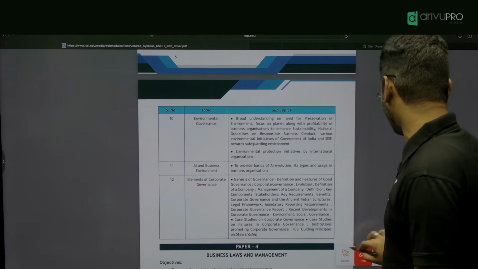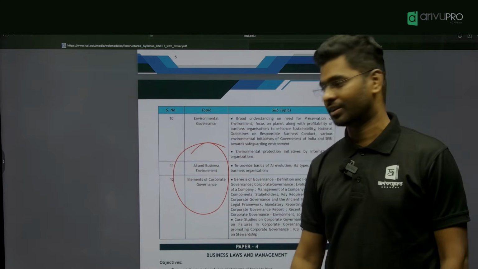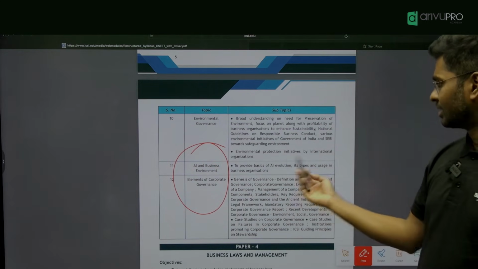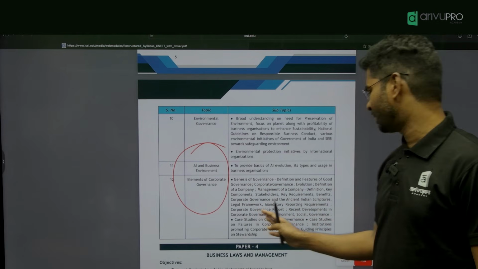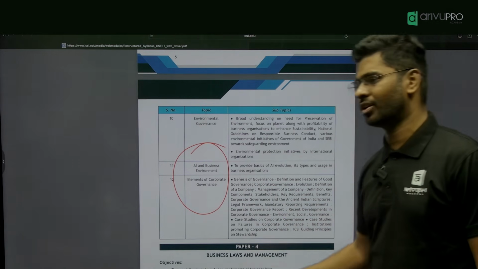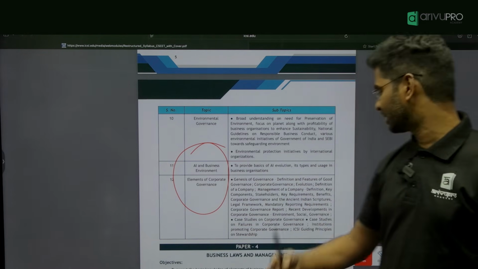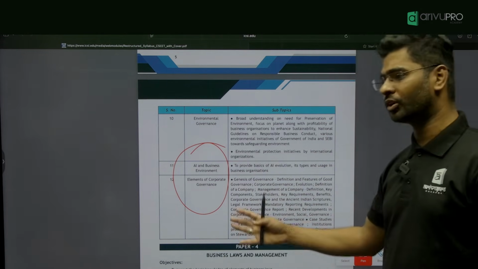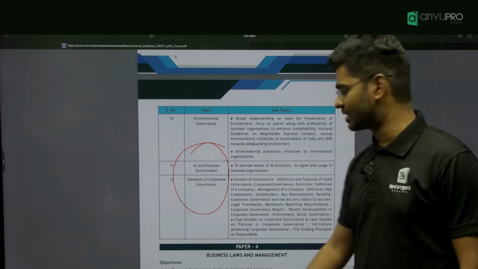So they want you to get introduced to the concept of AI and your elements of corporate governance. So here, to be very honest, very simple topics, which have got to do with your secretarial components of how do you deal with banks in terms of governance, what are the reporting structures, pretty straightforward. Now 10 chapters earlier has become your 12 chapters.